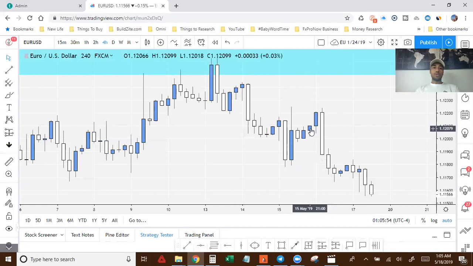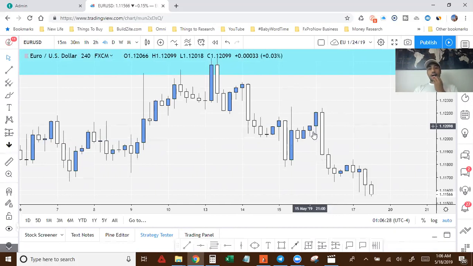So if you look where it says H, the high for that specific candle is 1.12099, and the close was the same, 1.12099. It's the same thing because the high was at that point and it closed at that point as well.